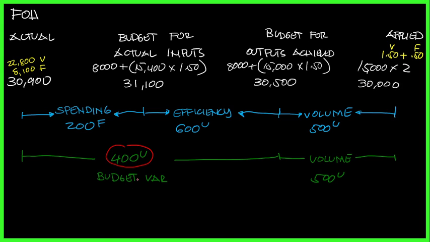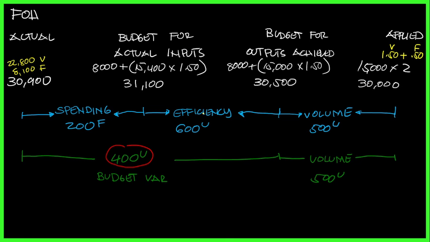Okay po. So, ayun. Now, another way to reconcile that, no? If, for example, let's say you have here your variable overhead variance. How much is our variable overhead variance?